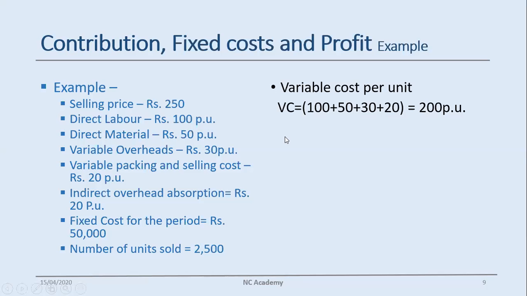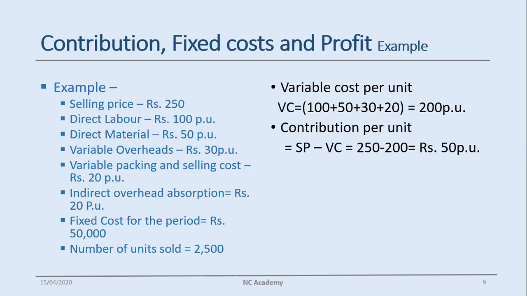So variable cost per unit is 100 plus 50 plus 30 plus 20, equal to 200 per unit. Let's calculate contribution per unit. Contribution per unit is sales price minus variable cost. In this example, it is 250 minus 200, so rupees 50 per unit.